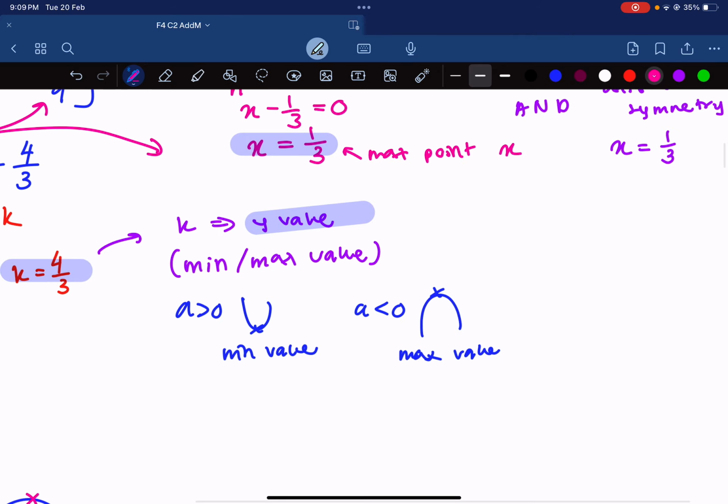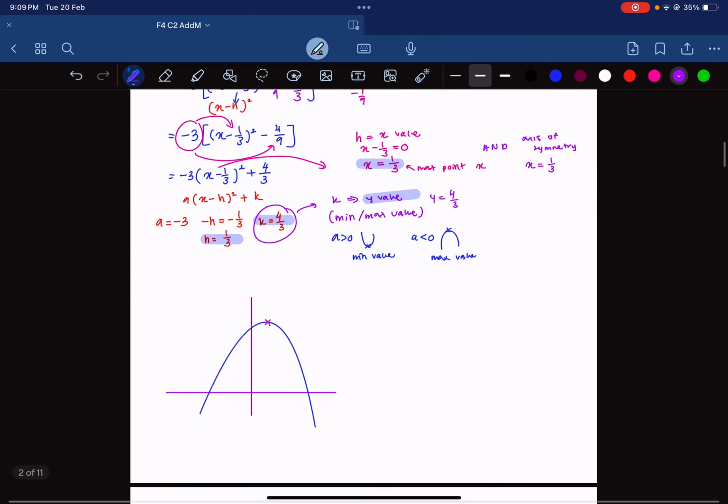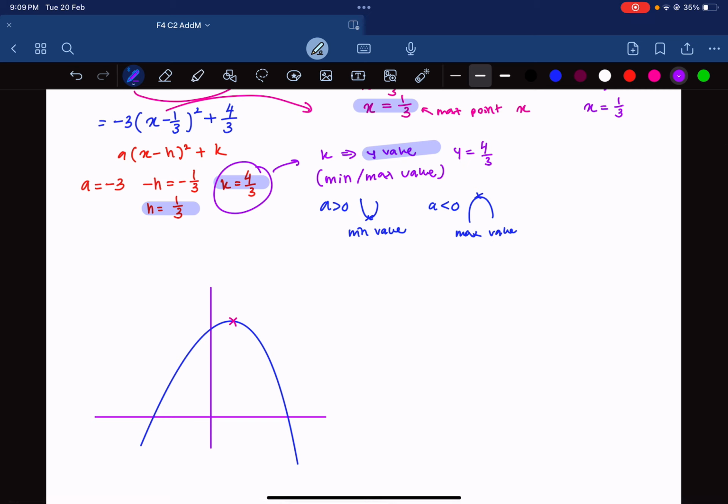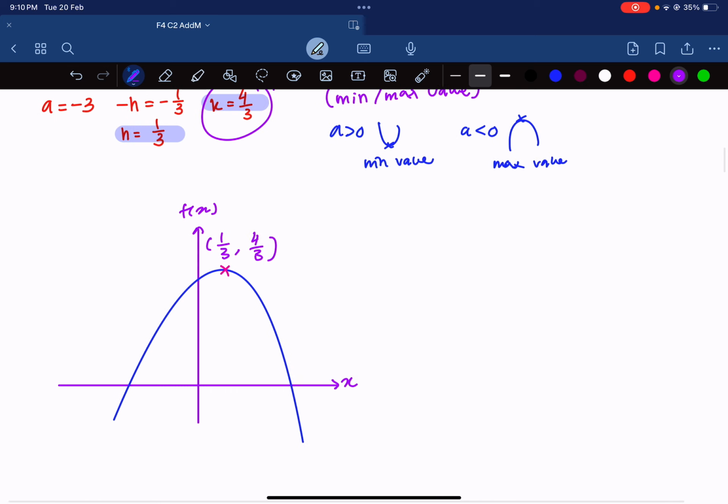Kalau kita tengok Y tadi, Y is 4/3, based on kita punya K value. So therefore the coordinate for the maximum point is 1/3, 4/3. Itu coordinate dia. Ini maximum point dia.